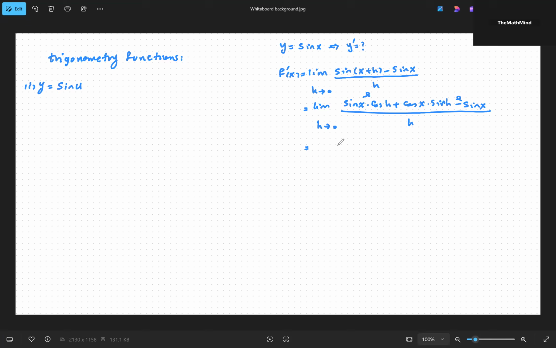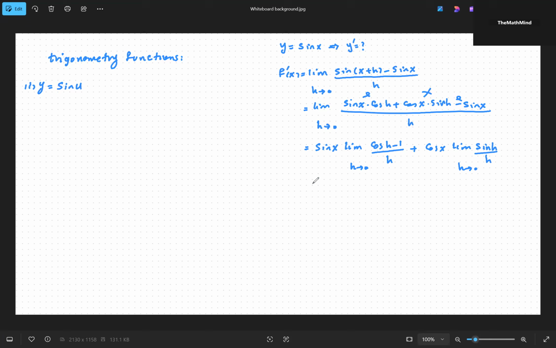So we factor out sine x, and then the limit of, I'm going to separate this fraction into two fractions. So it's going to be the limit of cosine h minus 1 divided by h when h is going to 0, and then plus, in the second term, we can factor out cosine x, and then multiply that by the limit of sine h over h.